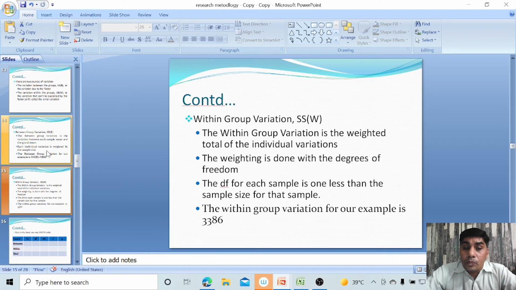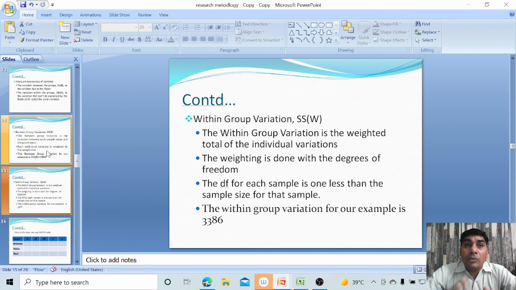Now we have to find the sum of squares within the group. The within group variation is the weighted total of the individual variations. The weight is done with the degree of freedom. For finding the sum of squares within the group, we need the degree of freedom. What is the degree of freedom? Degree of freedom for each sample is 1 less than the sample size of that sample.